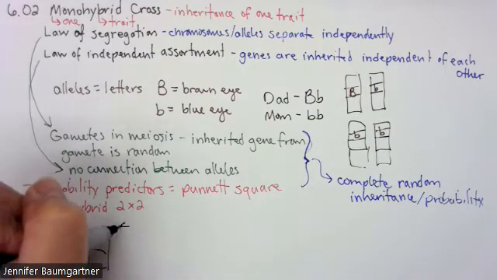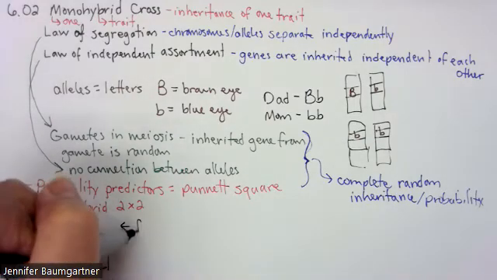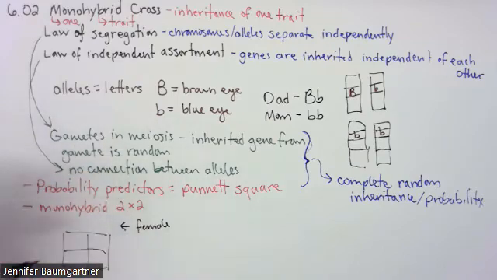So I usually put the female alleles at the top and the male alleles here. It doesn't have to be, but it could be. Again, that's just kind of my tendency. And then each of these sections, the labels are the alleles.